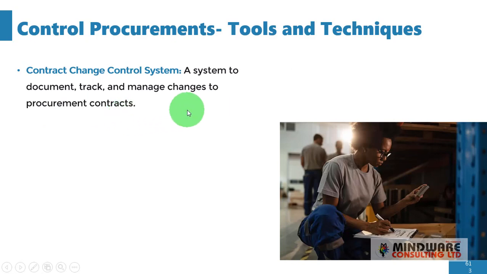So as a project manager working with your project team, and then you have a contracting firm or a seller, you need to have a system put in place, all right, that can enable you to document, to track, and to manage all the changes to the procurement contract. Okay, so you have to be able to put a system in place to help you do this.